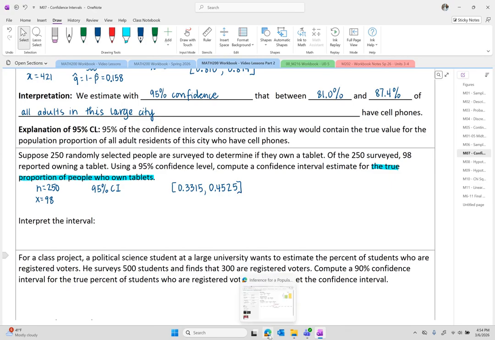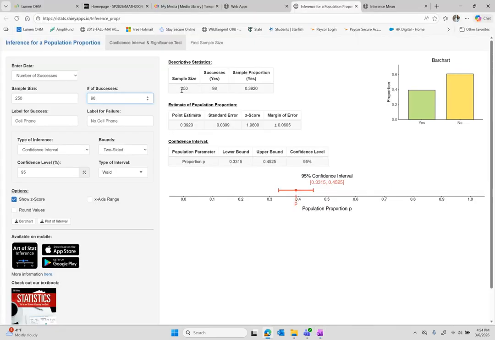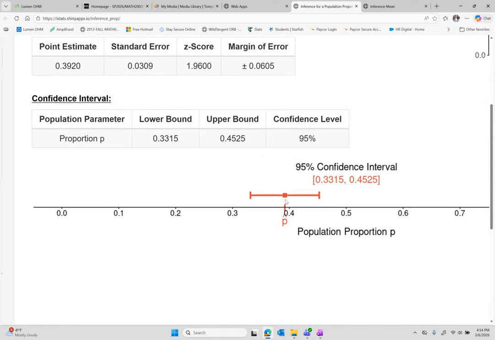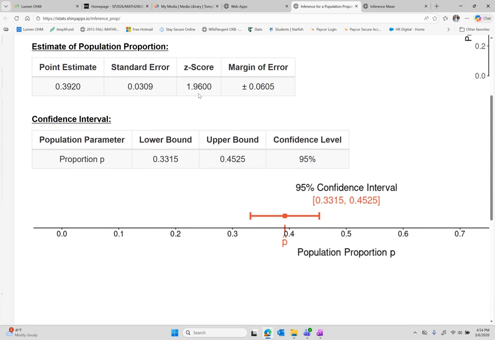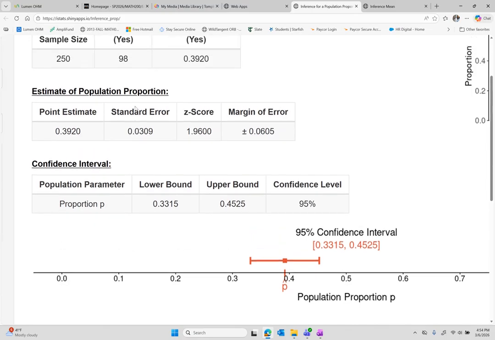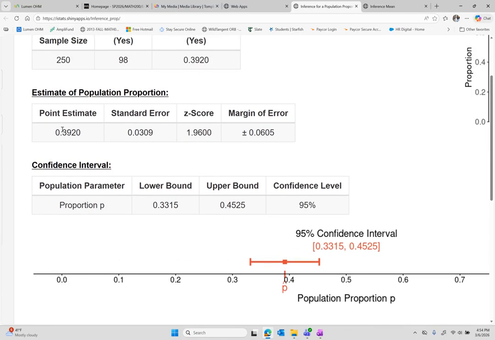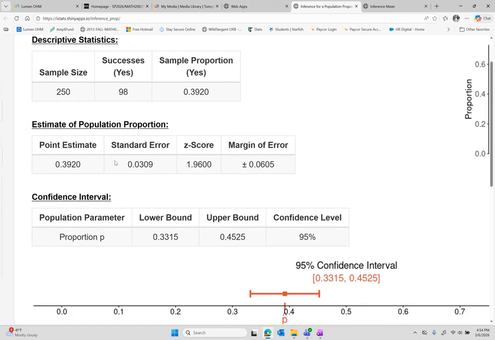Let's explore what the app says. We have a sample size of 250, we have 98 yeses. When we divided 98 by 250, we got a sample proportion of 39.20%. This p hat also happens to be sitting here in the middle of our confidence interval. We ended up with a z-score of 1.96 and a point estimate p hat of 0.3920.